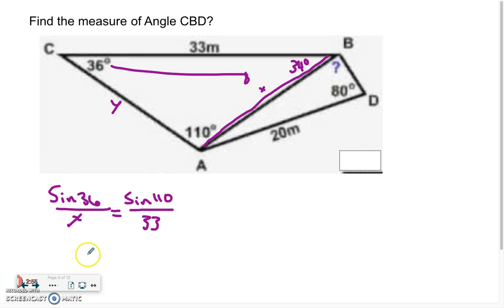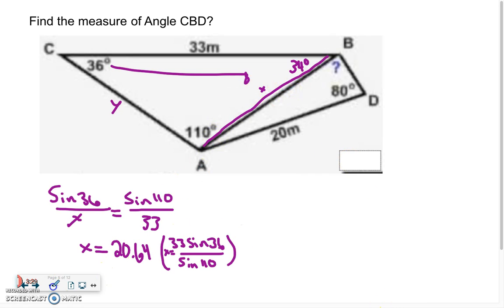And we're going to go ahead and cross multiply like we did in the last problem, and we get x is going to equal 20.64, and I got that by plugging in 33 sine of 36 and dividing that by sine of 110. And that's how I got my x value.